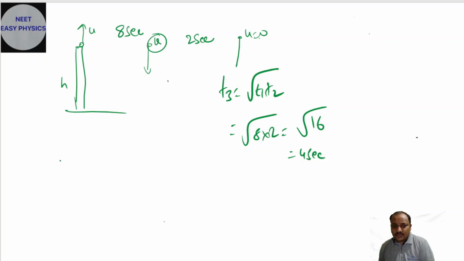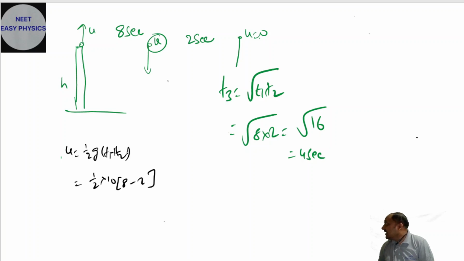For the same question, they will ask what is the initial velocity. Initial velocity means half g (t1 minus t2), which we just discussed. Half into 10 into (8 minus 2), 8 minus 2 means 6, so 5 into 6 is 30 meters per second.